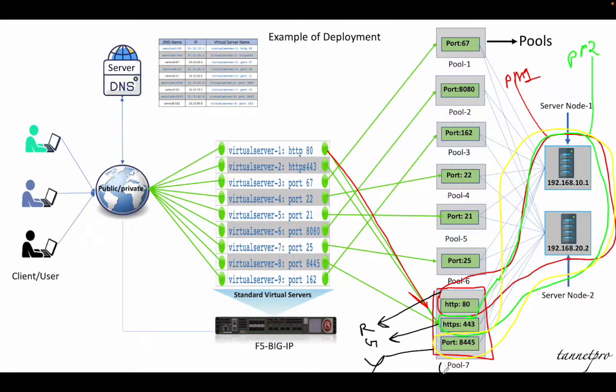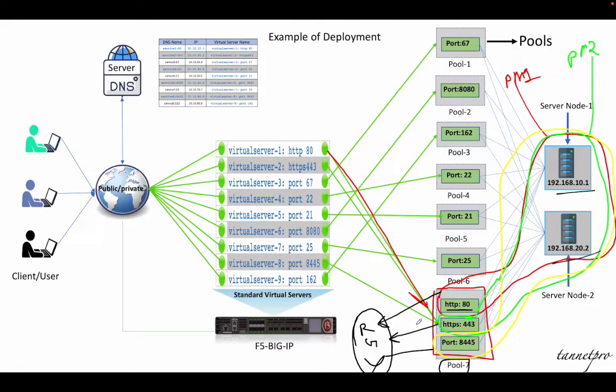This pool 7, try to understand, is bound to multiple pool members, and each pool member is called with one service and two nodes. Here I have given an example with two nodes only. It could be multiple nodes, 5, 6, 8, 1000 nodes, anything.